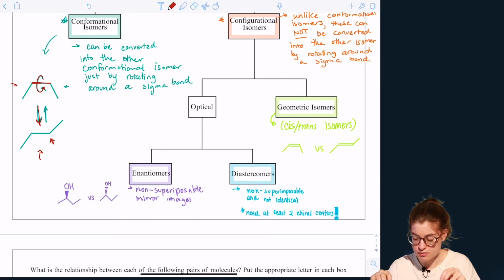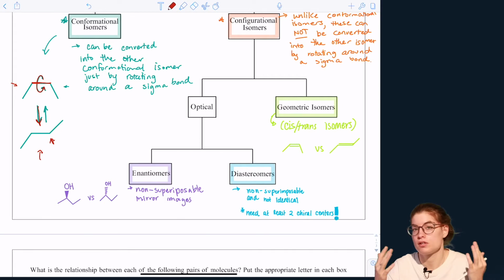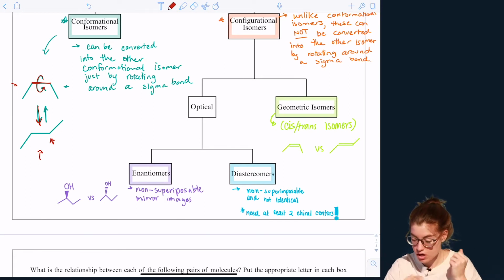Now the difference is, for geometric isomers, the reason why you can't interconvert between them is because you have a rigid bond. Okay, either you have a ring structure, so you can't rotate around single bonds because they're part of a ring, or you have a double bond, in which case you can't rotate because of the pi bond that you have.